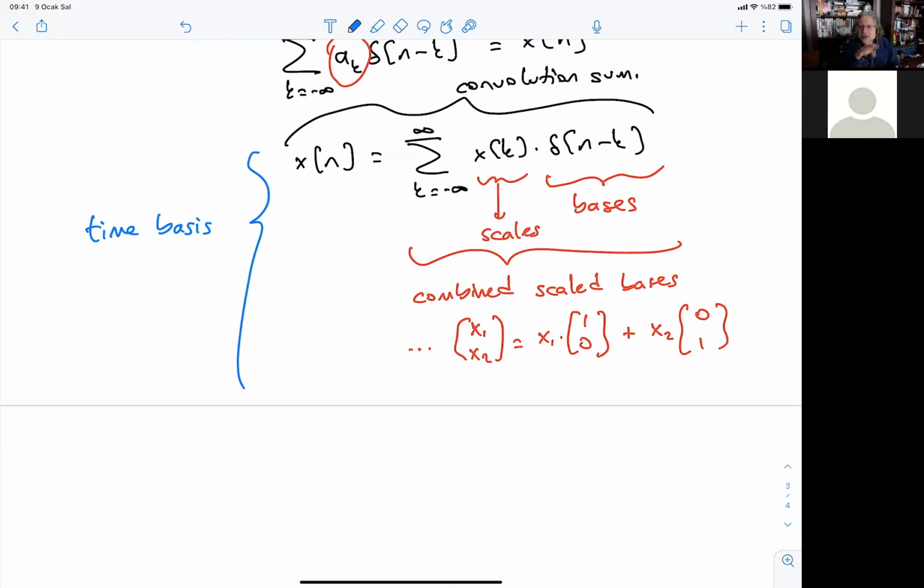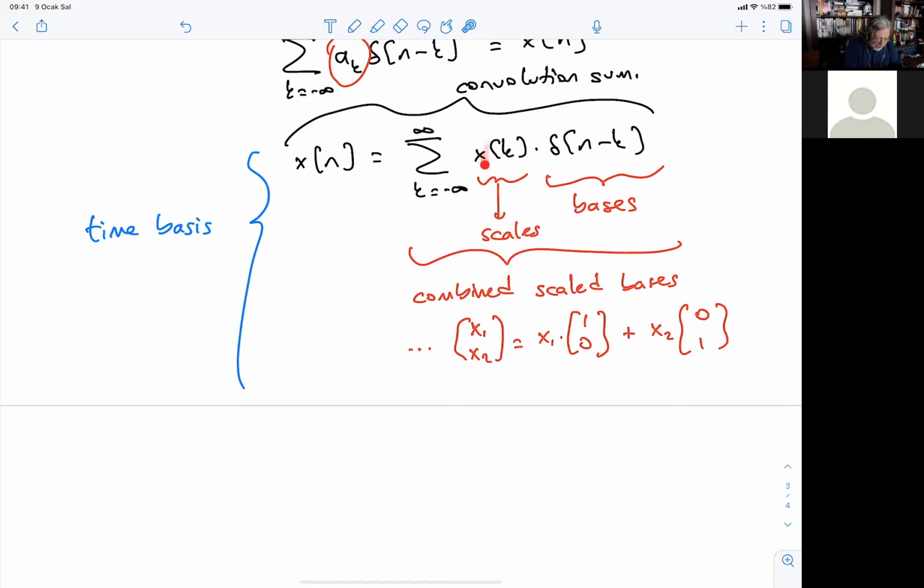And if you alter this basis delta n minus k, if you drop them, and instead you use a different orthonormal set of functions, then, of course, these scales will change. X of k will change, or it may be something else.